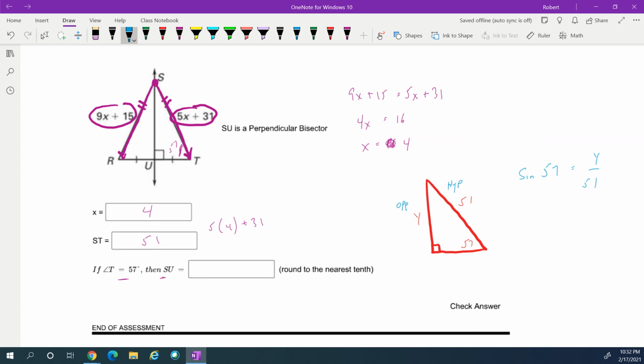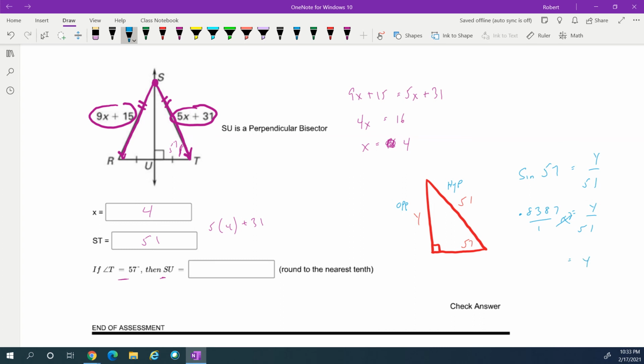When we grab our calculators, we have the sine of 57 degrees. We're going to convert that to a decimal. 0.8387 equals y over 51. Put it over 1 and cross multiply.